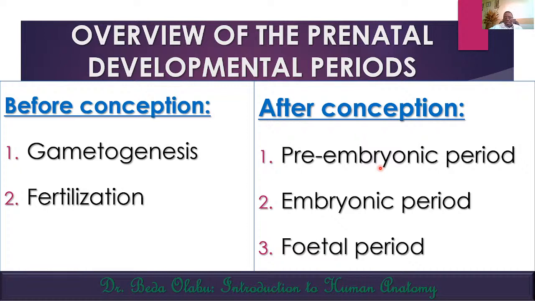Now, in terms of bulk, this embryonic period of development has a lot, because it explains more about the development of each organ system in the body. So, over 90% of books of developmental anatomy are dedicated largely to the embryonic period according to the different organ systems.